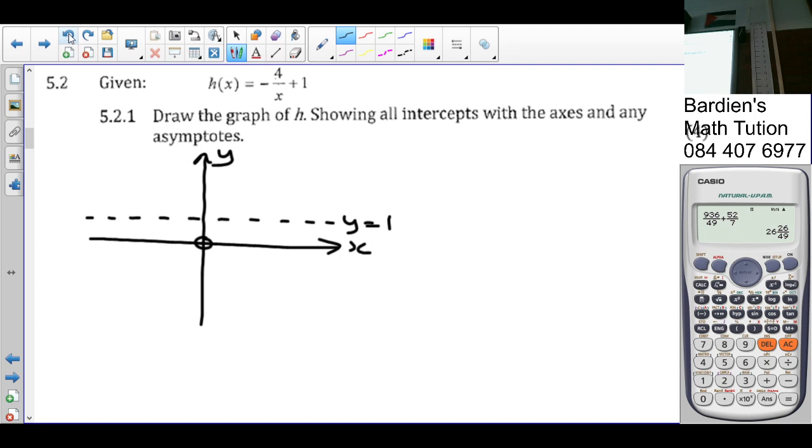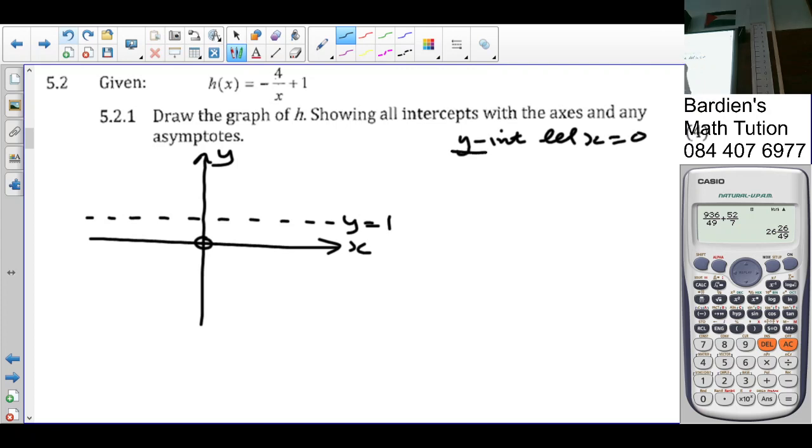So what do we work out now? Okay, since your y-axis is an asymptote, the graph is never going to cut your y-axis. Makes sense? Now say you didn't know that. Then we must always work out the y-intercept. You let x equal to 0.